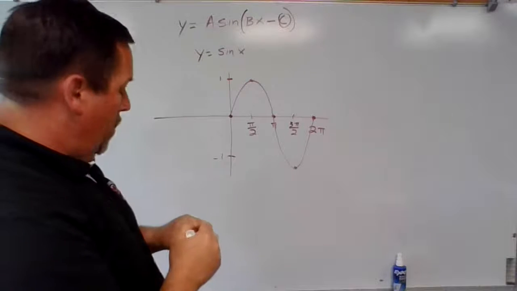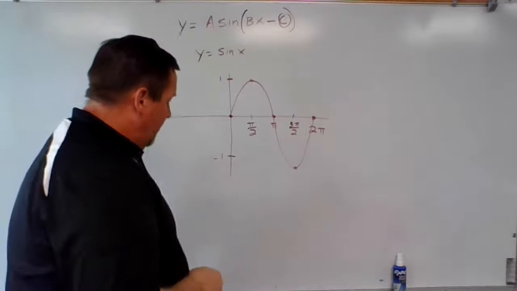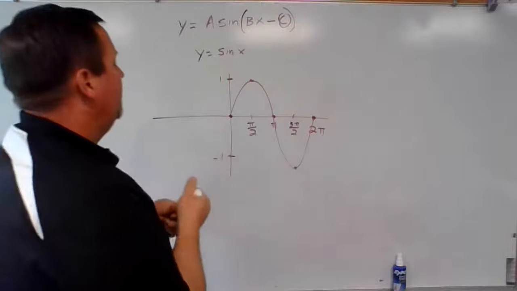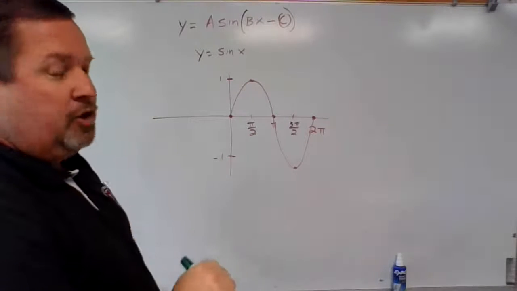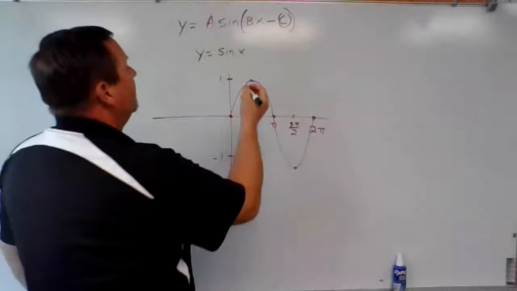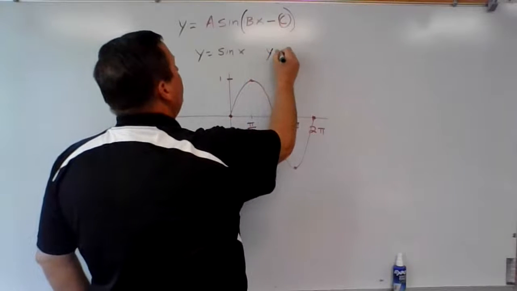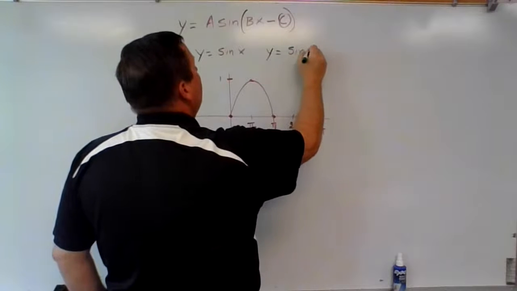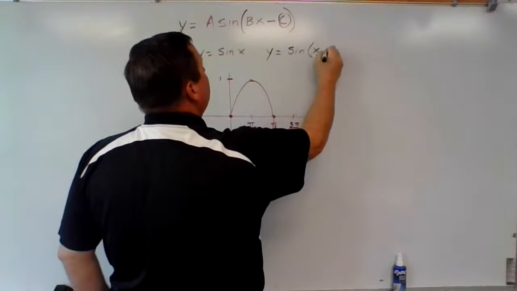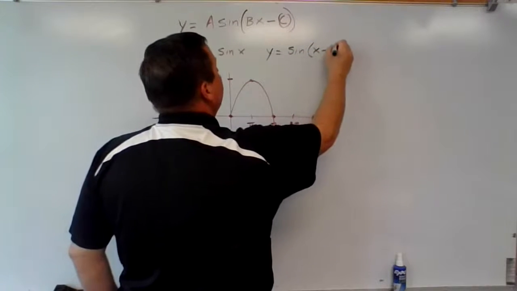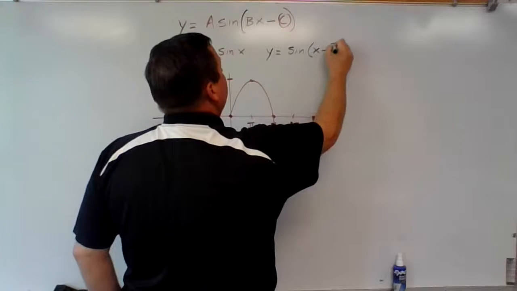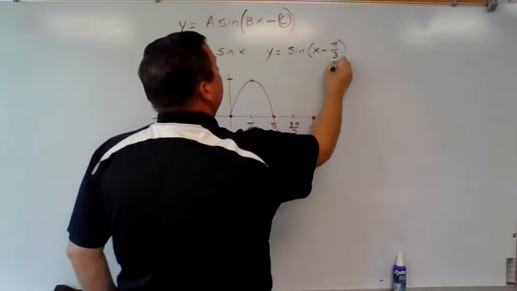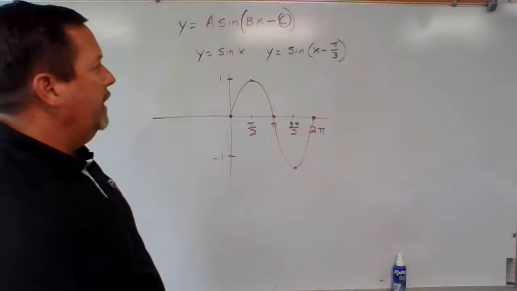And so I want to graph on the same thing as this, and I hope it doesn't look too crazy or too busy. Let's do y equals sine of x minus pi over 3.